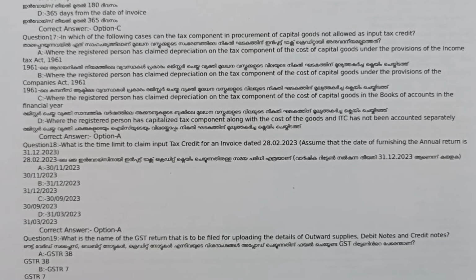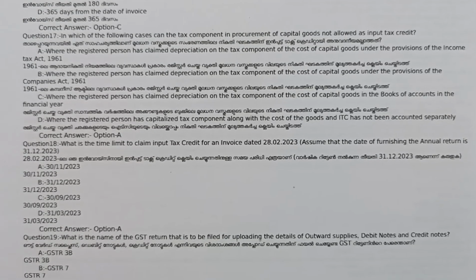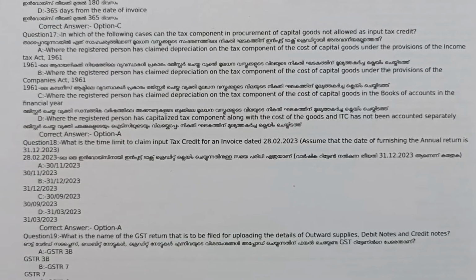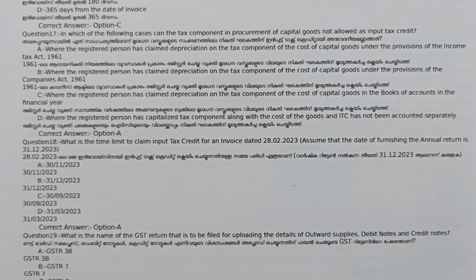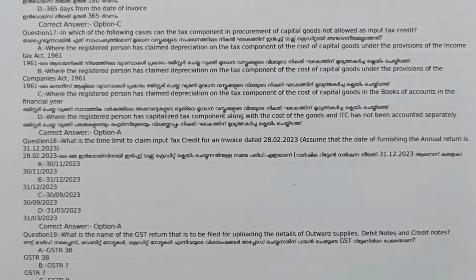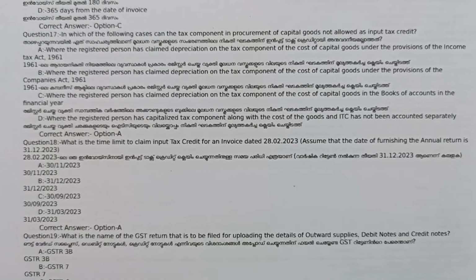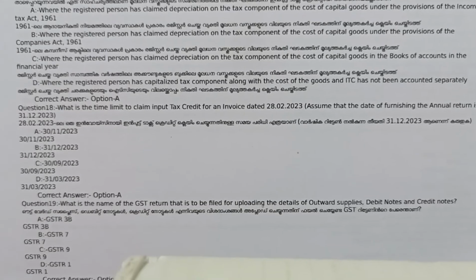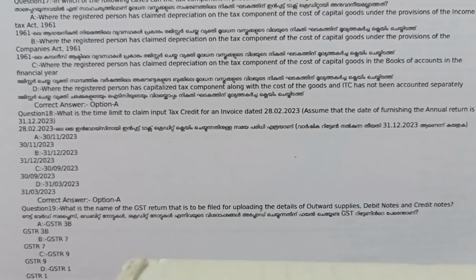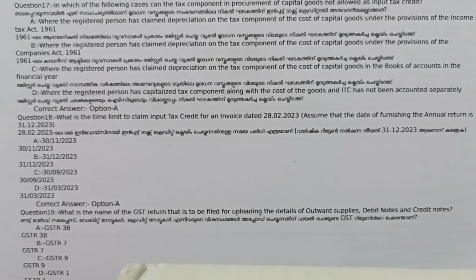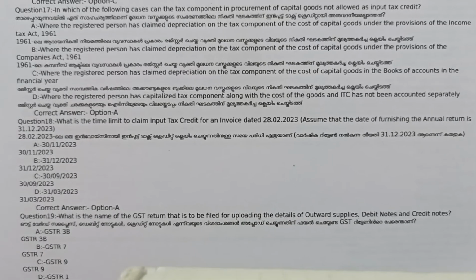Question number 18. What is the time limit to claim input tax credit for an invoice dated 28th February 2023? Assume that the date of furnishing the annual return is 31st December 2023.